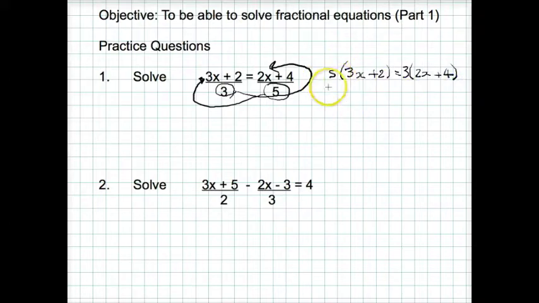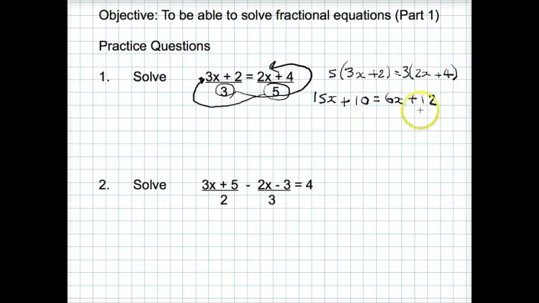Now if we multiply these brackets out, that's going to leave us with 15x plus 10, and that's going to equal 6x plus 12.